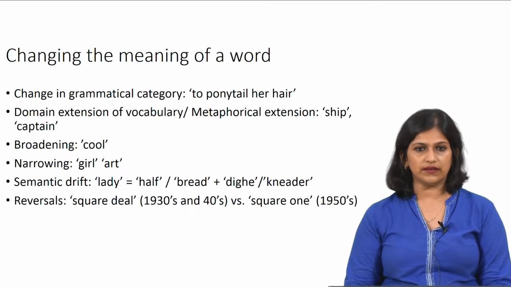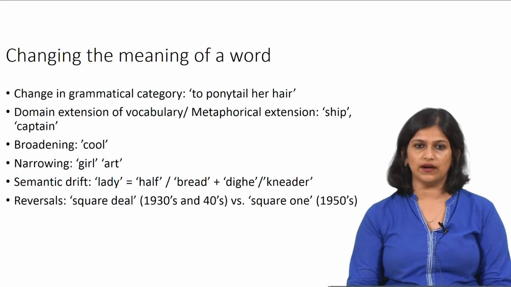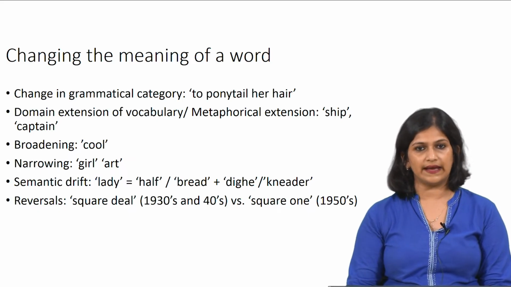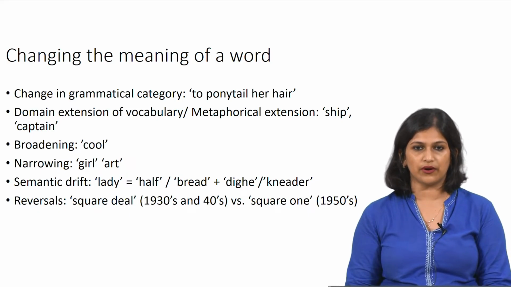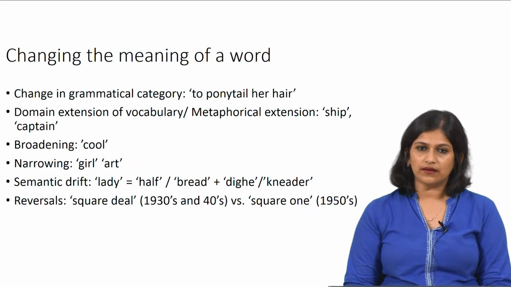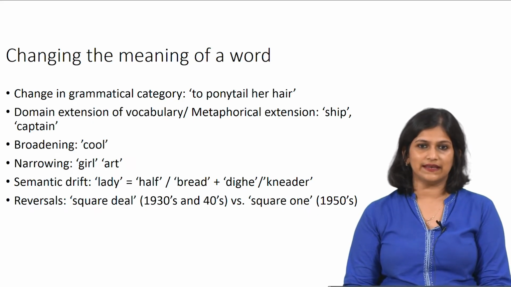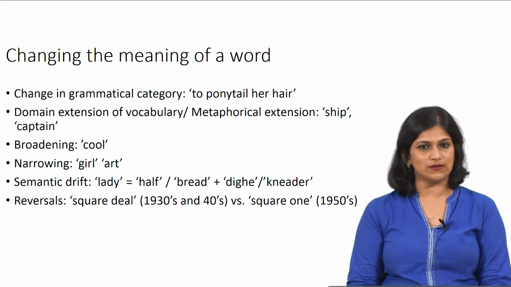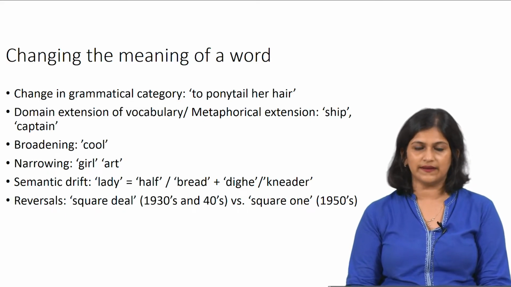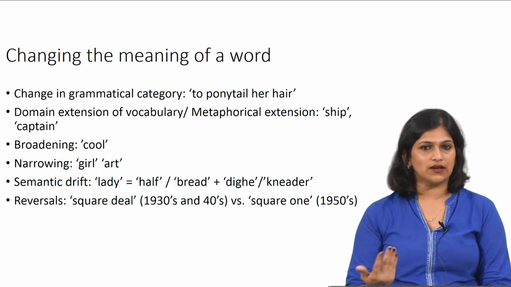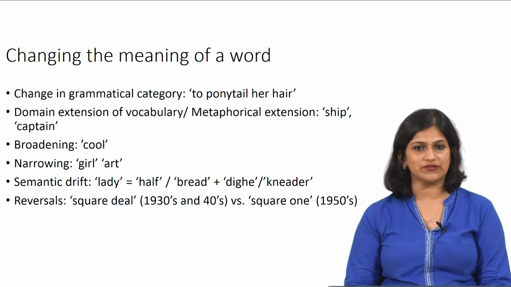Rather, broadening means cool as a word has broadened its meaning to everything that is pleasant. Let us say if the house is cool, that means the house is wonderful, very nice, great. When you say the course is cool, that means the course is an interesting one, or you find it very interesting to study this particular program.